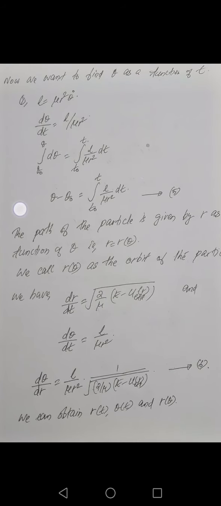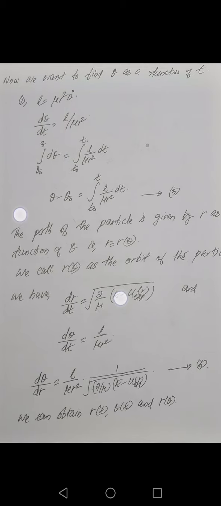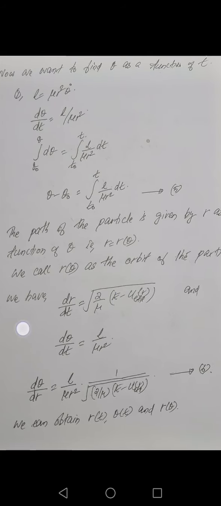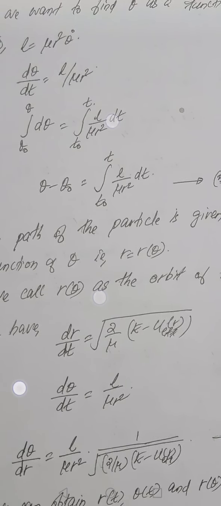That's simple. We have L is equal to mu r squared theta dot. From that, theta dot means d theta by dt, so d theta by dt is equal to L by mu r squared. Now I am integrating from theta 0, some initial value, to theta.